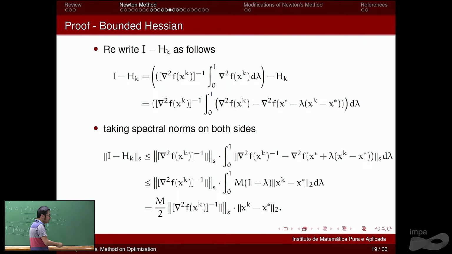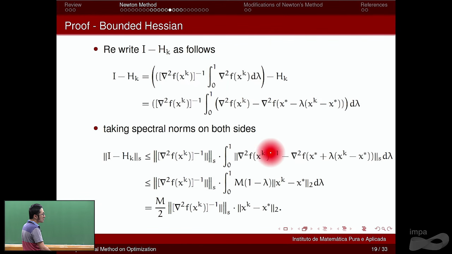This says the spectral norm of I minus hk is less than the spectral norm of the inverse of the Hessian times this integral. According to the assumption, the Hessian is Lipschitz continuous, so we use the Lipschitz continuity here. So we have M times 1 minus lambda times the norm 2 of xk minus x star.